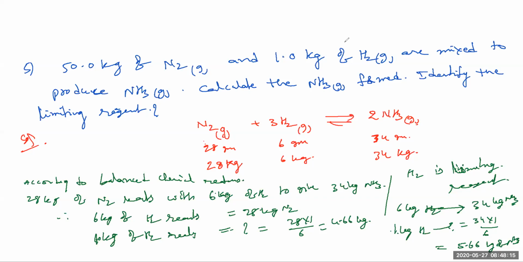Sir, what is that you have written last time? H2 is the limiting reagent, right? Fourth line, sir. In green color you have written on the left side, fourth line, 1.0 kg.